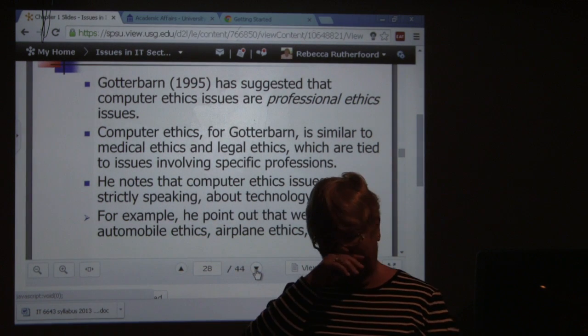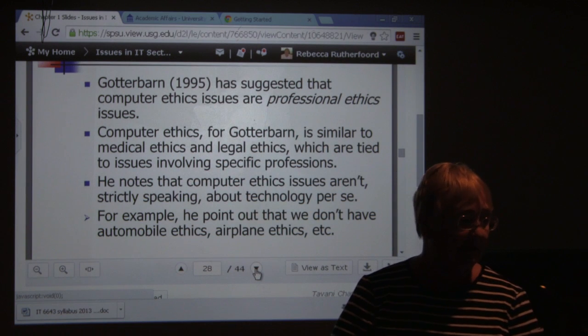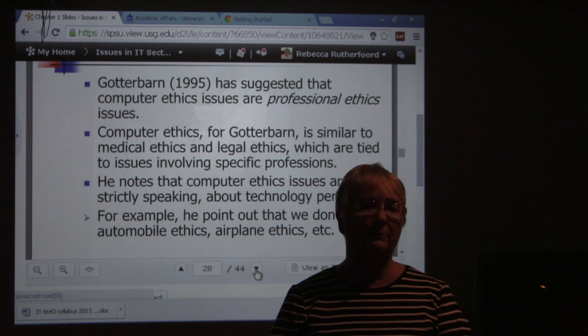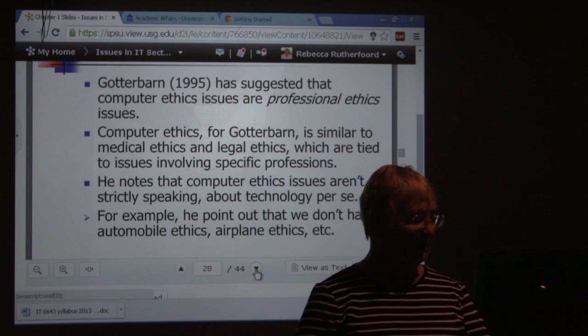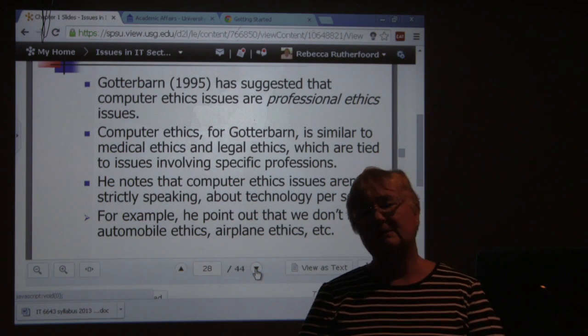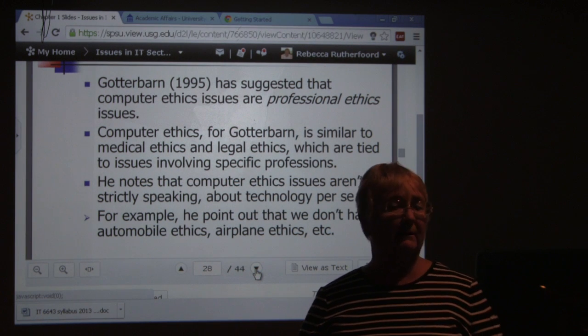Don Gotterbarn has been studying ethics for a very long time. He basically says that when we talk about computer ethical issues, they're really professional ethics issues. He believes that the computing field is very similar to medical issues and medical ethics.